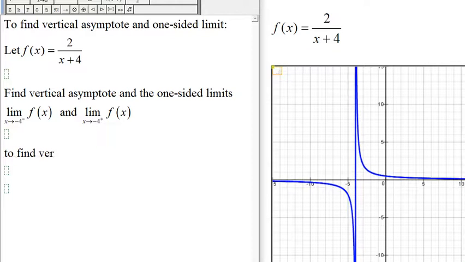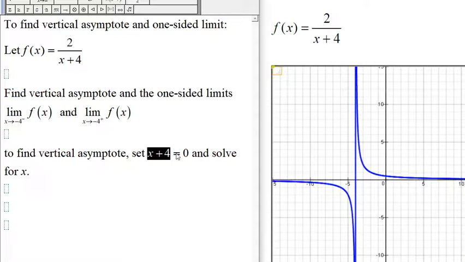So to find the vertical asymptote, what we want to do is set the denominator equal to 0 and solve for x. From here, subtract 4 from both sides, and we get x equal to negative 4.